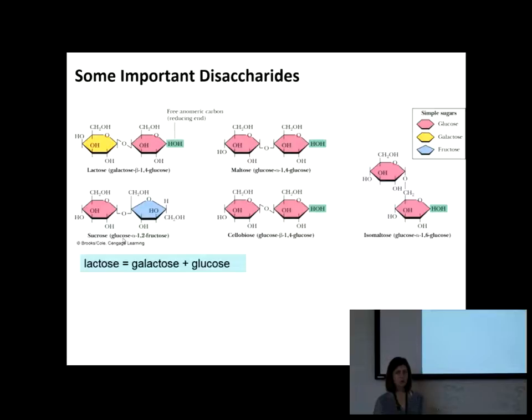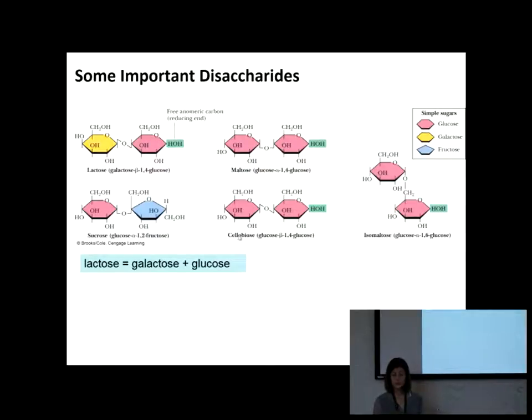If I give you the name for this test, not for the final, the final might be more than that, it's fair game for me to say the name and for you to tell me which sugars are involved and what the bond is that holds them together. So for sucrose, it is a glucose and a fructose in an alpha 1,2.